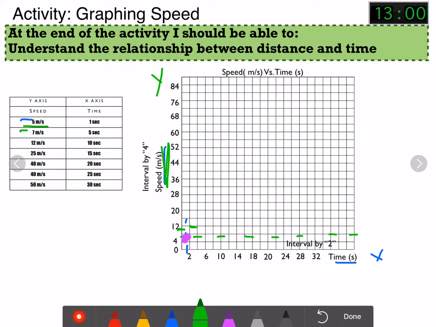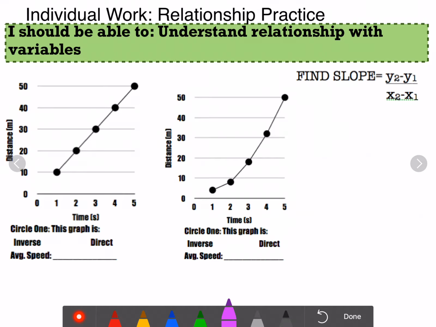So along this line all the way across, and then my 5, 2, 4, 6 is roughly right there. If you have any questions about graphing, just come to me, give me a shout, email, or come talk to me.